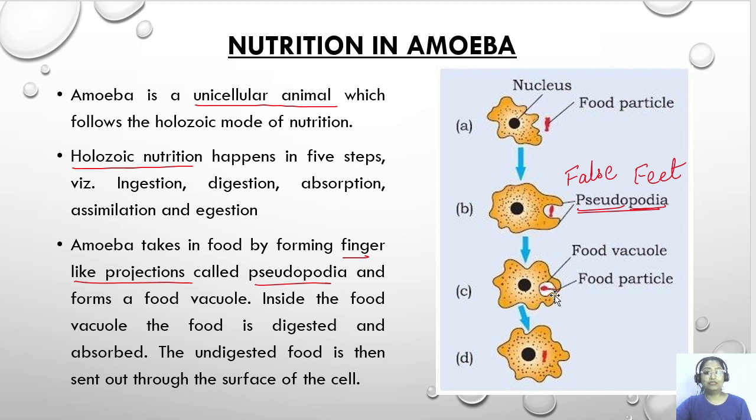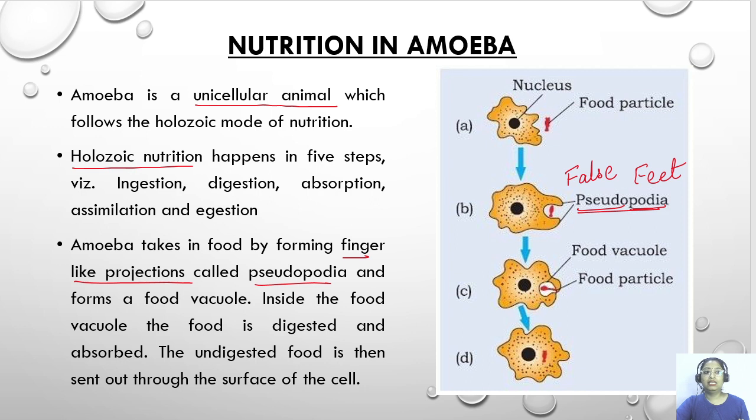Now, inside the food vacuole, there are some digestive juices which are helping to digest the food particle. So this step is digestion. Next is absorption. Amoeba is only unicellular, it has only one cell, so in that one cell the nutrition gets distributed and absorbed. Then comes assimilation, in which it is utilizing the nutrition for its own growth and production of energy.